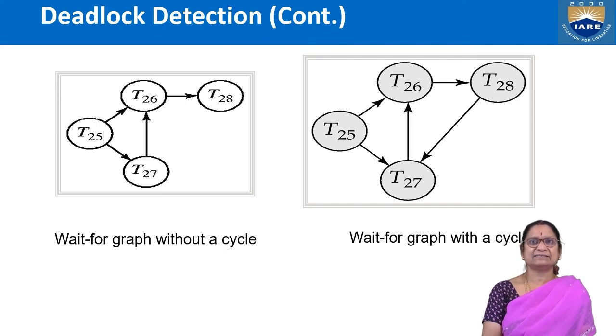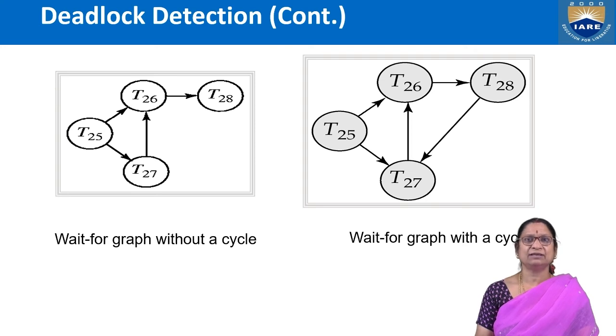Similarly, T27 is also waiting for T26 to release a data item, and T25 waits for T27. There is no deadlock state. There is no cyclic waiting. So in this wait for graph, there are no cycles. Please observe. That's why there is no deadlock in this set of transactions.